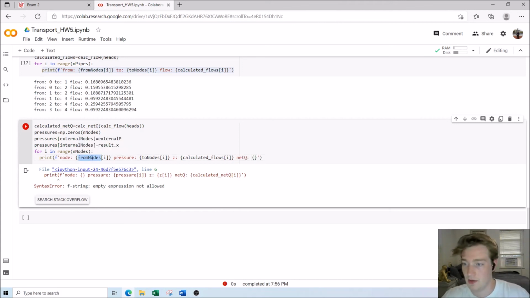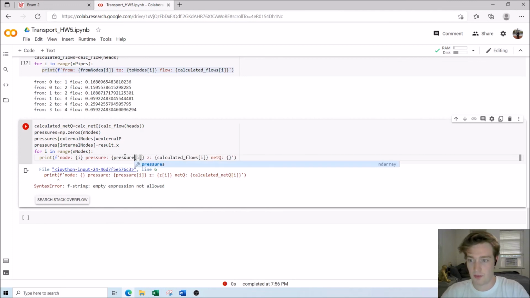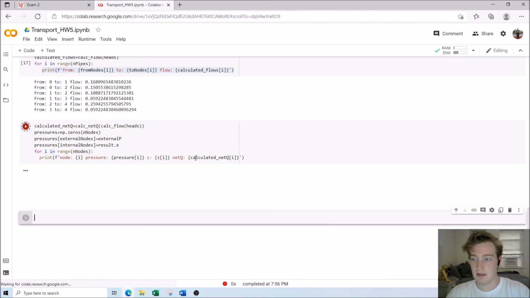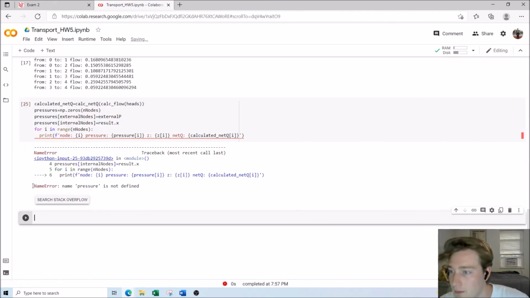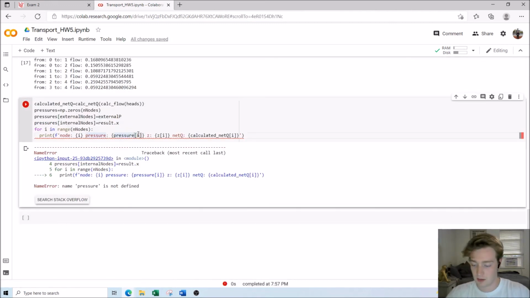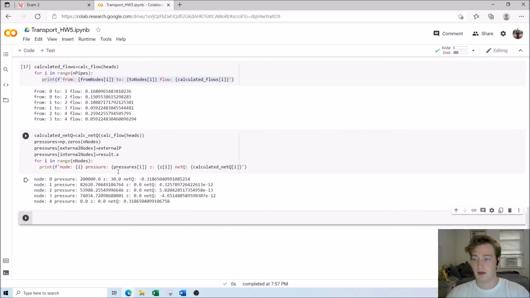And instead of from nodes, we just want I, like so. The pressure, we want the pressure at I. The Z, we want the elevation. And the net Q, we want the calculated net Q at I. Does this work? Pressure, pressures. There we go.